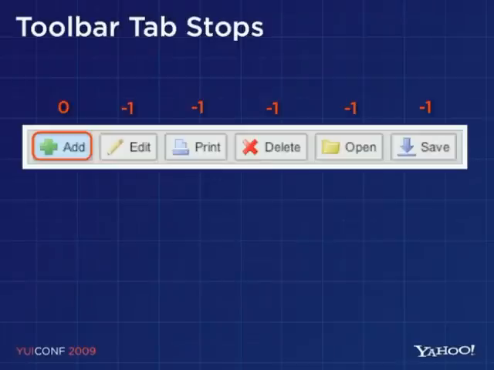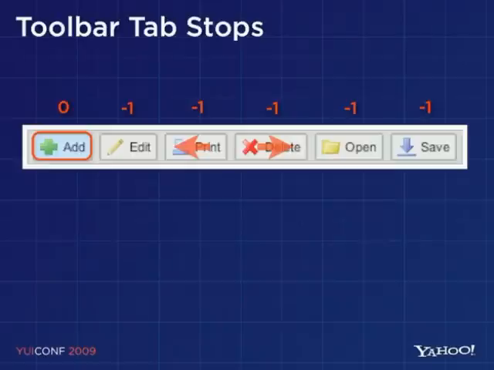Users can tab into and out of this toolbar really efficiently. And once they have focus into a toolbar, if this is the control they're actually interested in working with, they can use the arrow keys to navigate focus between all the descendants of this toolbar really easily. So this allows for efficient focus management within a widget and efficient navigation amongst widgets on the page using the tab key.